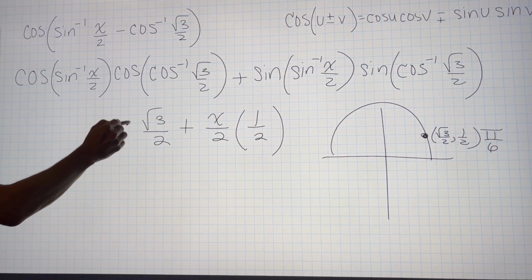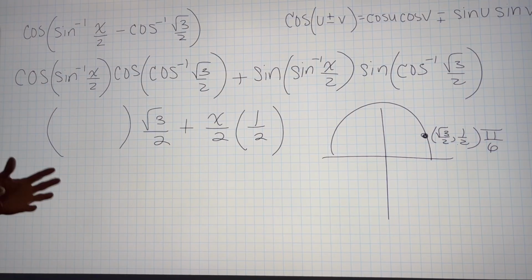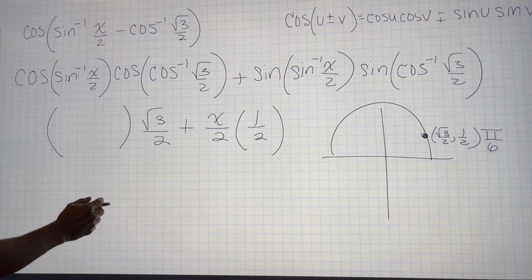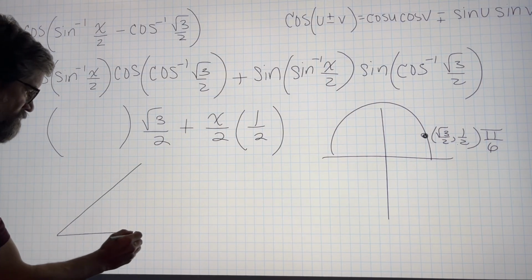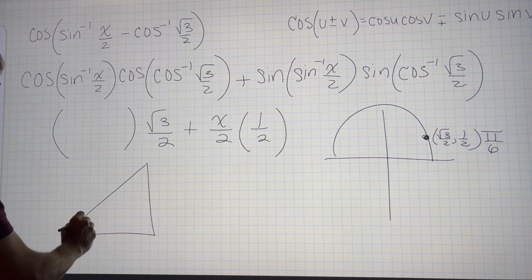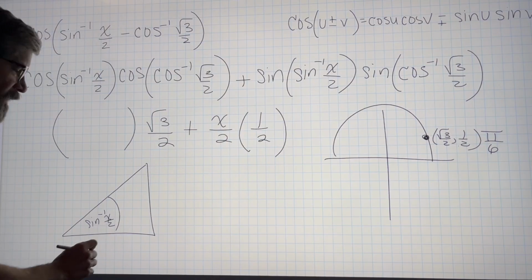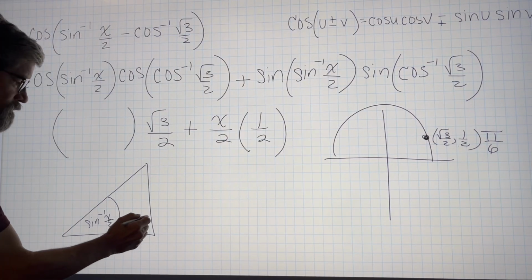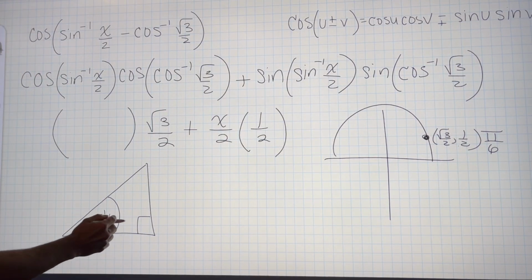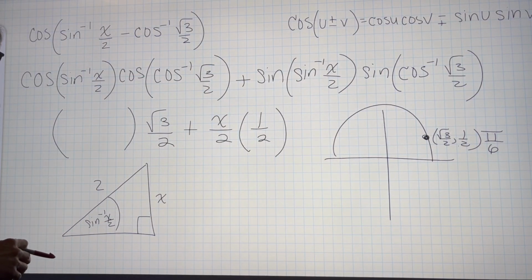And that leaves us with this one here, inverse sine of x over 2. The way that I like to think about this is that inverse sine of x over 2 is an angle such that if I put it into a right triangle, the opposite over the hypotenuse would be x over 2.